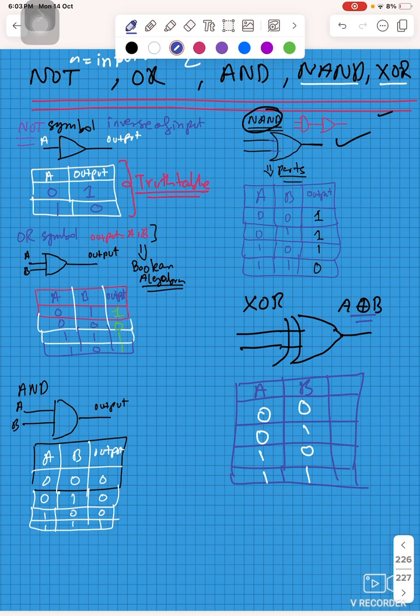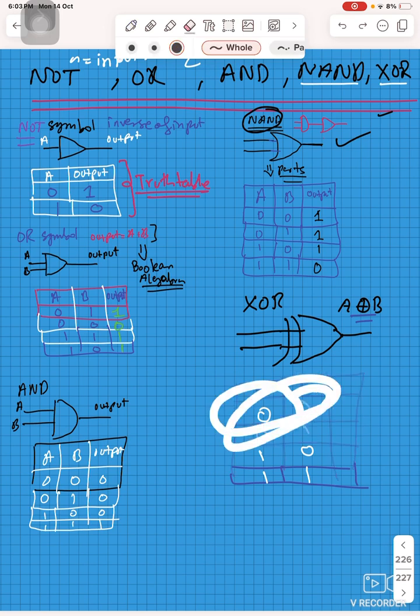If both inputs are 0 or both are 1, we get 0. That's how the XOR gate works. If the inputs are different, we get 1.